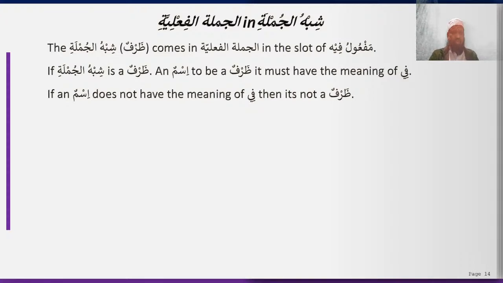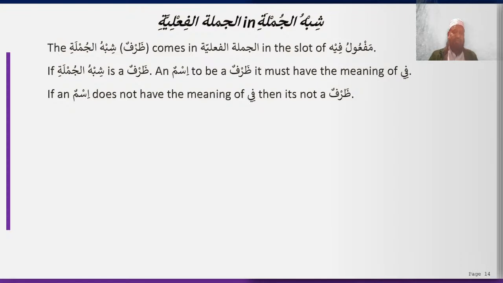The شبه الجملة ظرف comes in الجملة الفعلية in the slot of مفعول فيه. As we've learned, مفعول فيه shows time or place, the action to place. So it is ظرف. The ظرف can either be by itself or be شبه الجملة.